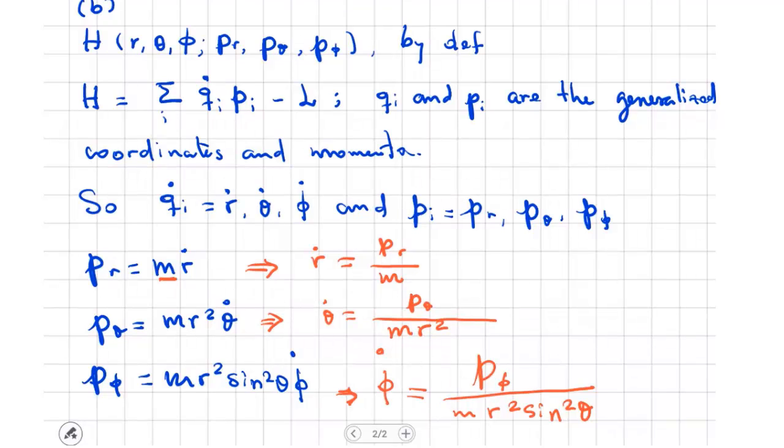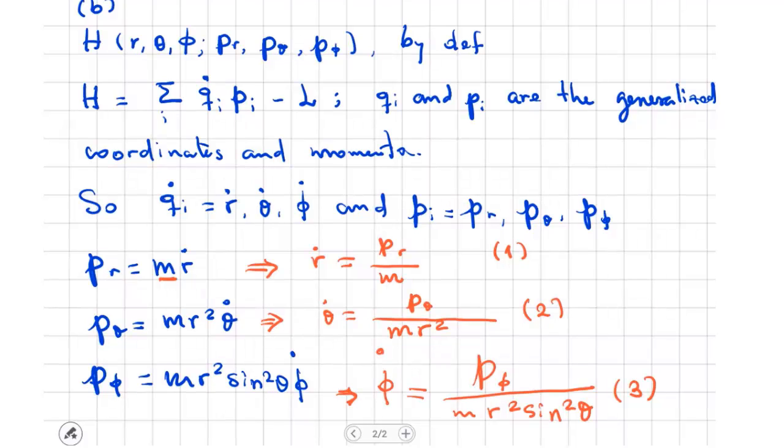All right, so what we are going to do is call these equations number 1, number 2, and number 3.